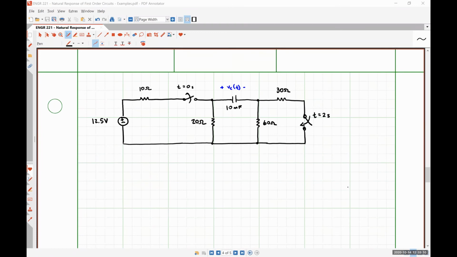So we're going to take a formulaic approach to all of these problems, in as much as we're going to analyze the circuit at t equals 0 minus. Then, if necessary, and I'll explain what that means shortly, analyze the circuit at t equals 0 plus, calculate the time constant for the circuit, and then use all of those results to put into our generic equation for the response of a first order circuit.